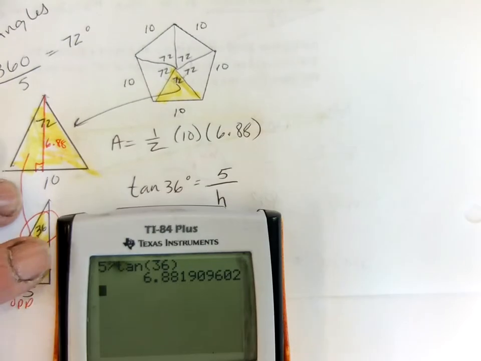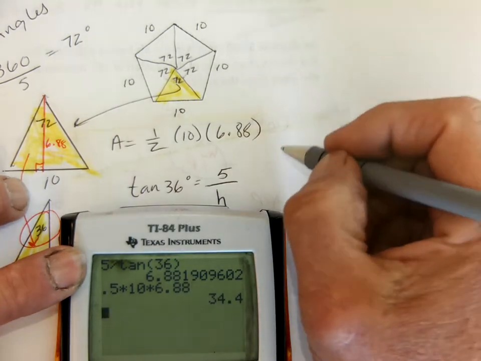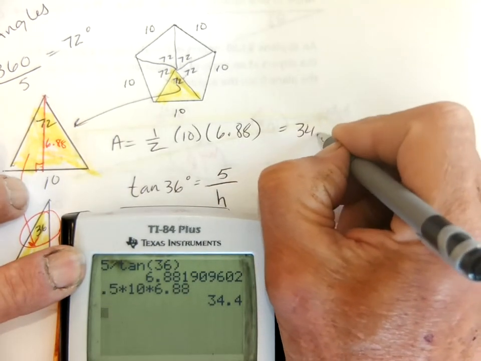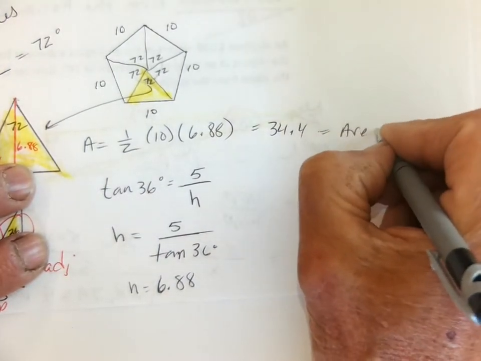I'm just going to use my calculator: 0.5 times 10 times 6.88 is 34.4. So that's the area of one triangle.